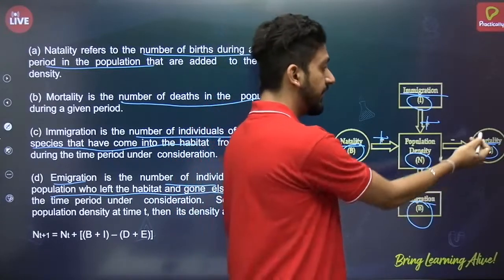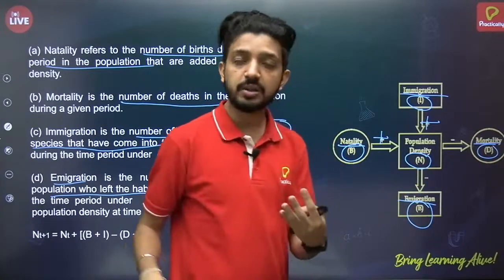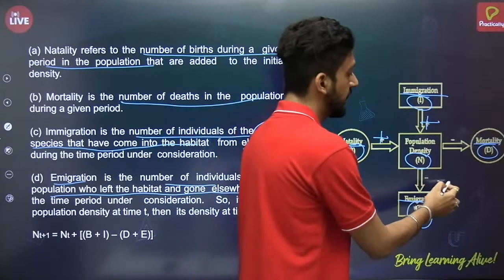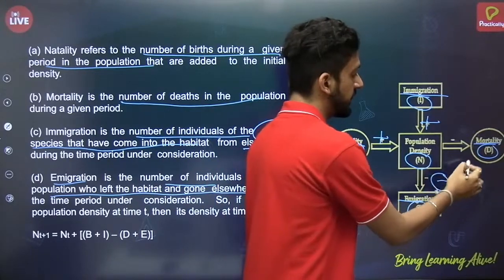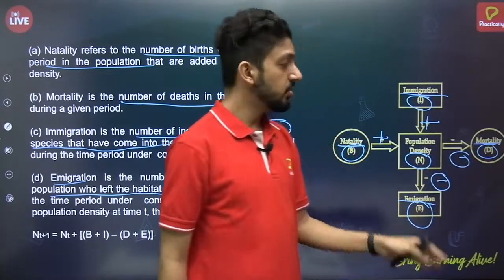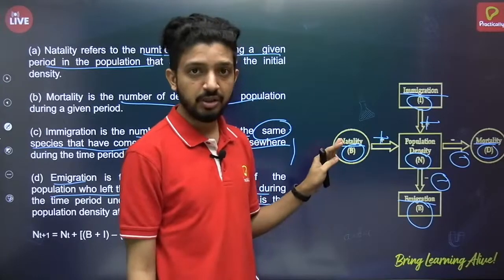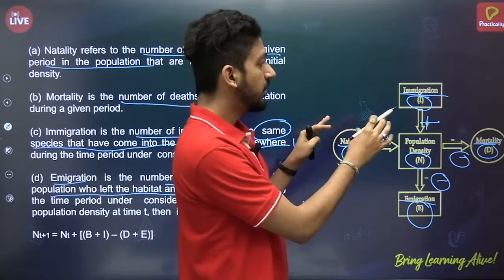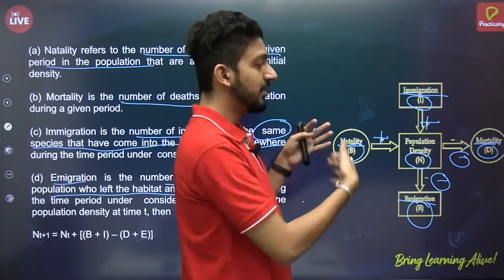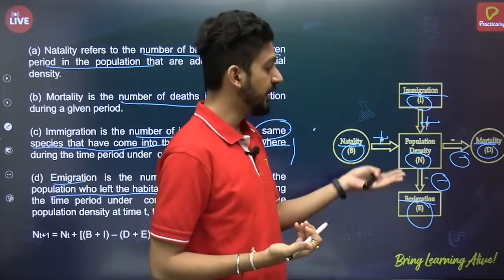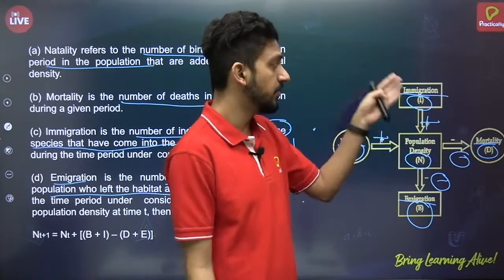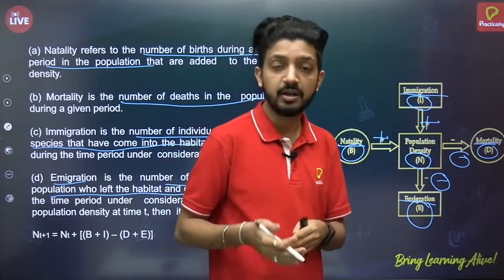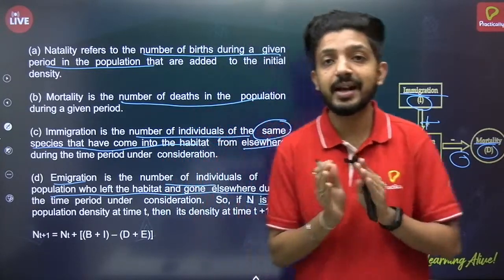Whereas death rate and emigration will reduce the number of individuals and hence they are represented as minus. So these parameters keep on changing. If there is very high natality compared to the mortality, then obviously the population density will increase. And if there is very high emigration compared to immigration, the population density will decrease. That's why it is not a static entity.